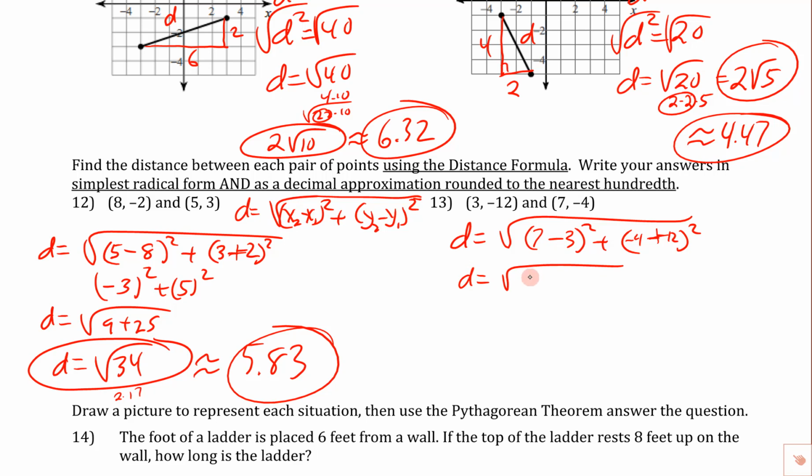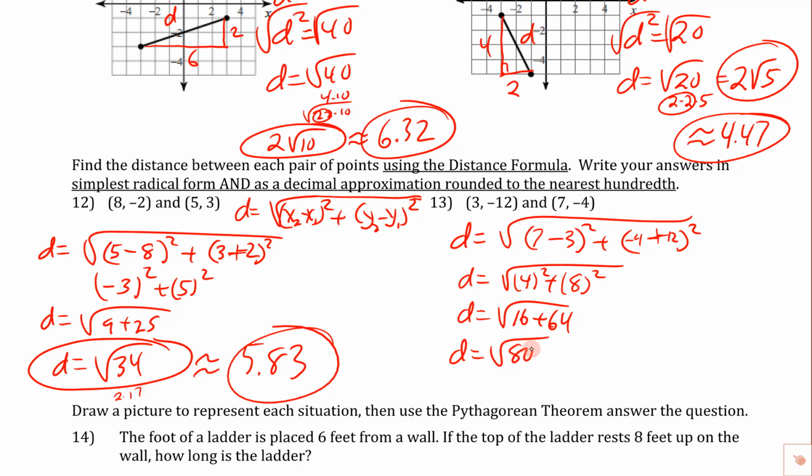This is going to be 4 squared. And this is going to be 8 squared. So neither one of them turn out to be negative. We're going to square them anyway, so let's take a look and see what we get here. So this is going to be d equals 16 plus, this would be 64. 8 squared is 64. So we get d equals the square root of 80.